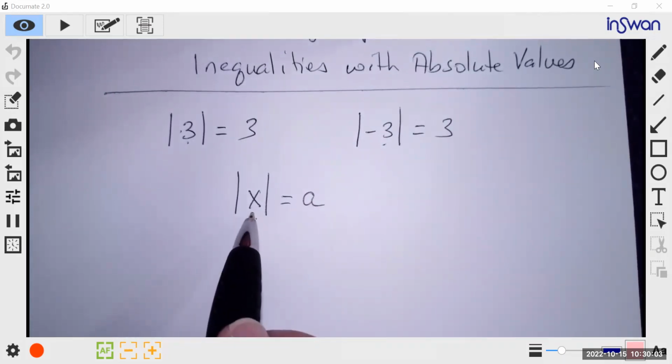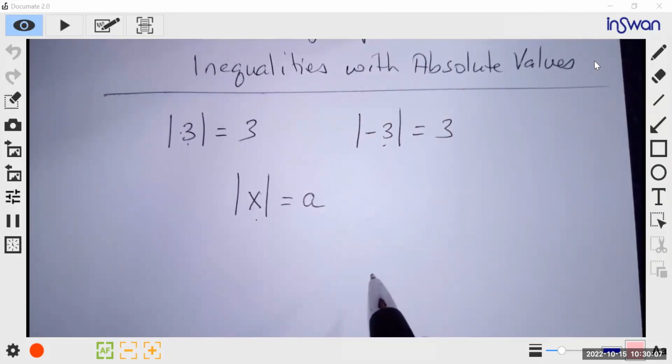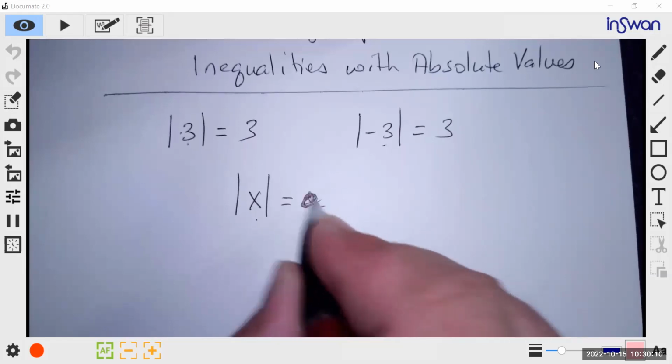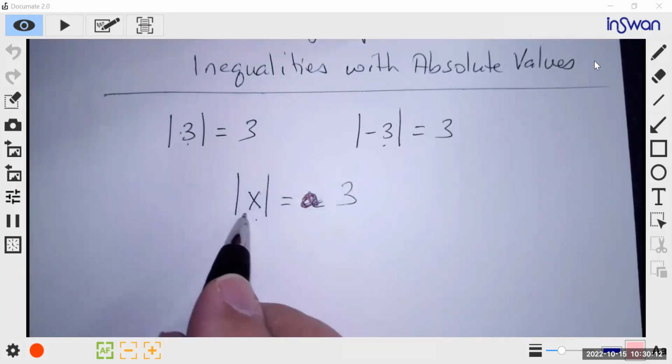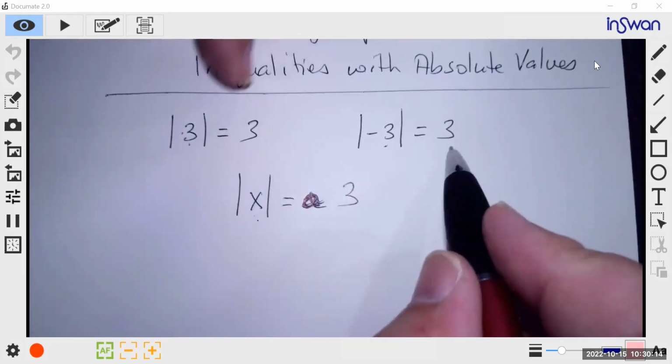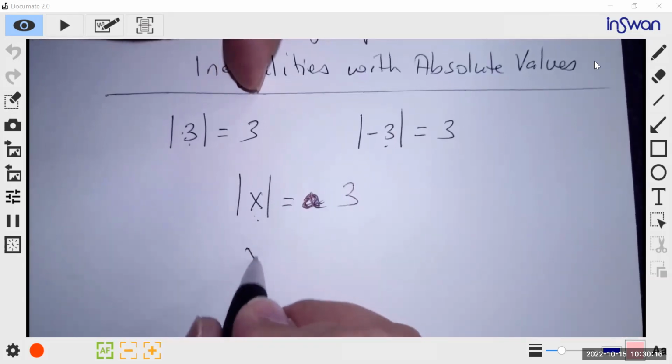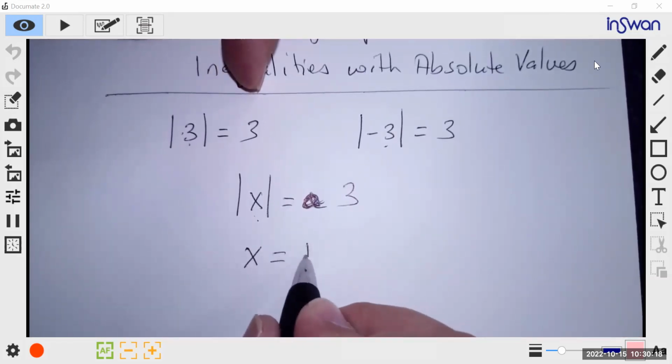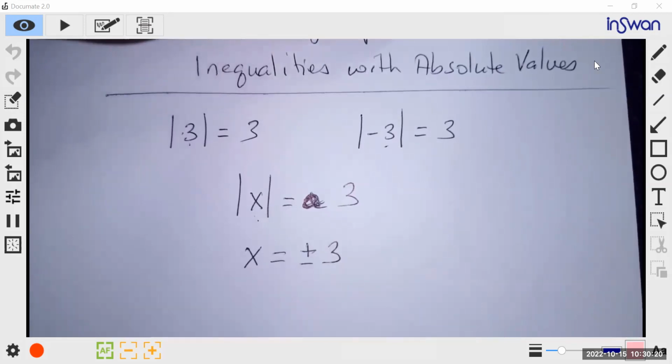So in this case, let me put a 3 here instead. If I had absolute value of x equals 3, what can x equal? It can be either a positive 3 or a -3, because it can be positive or negative.